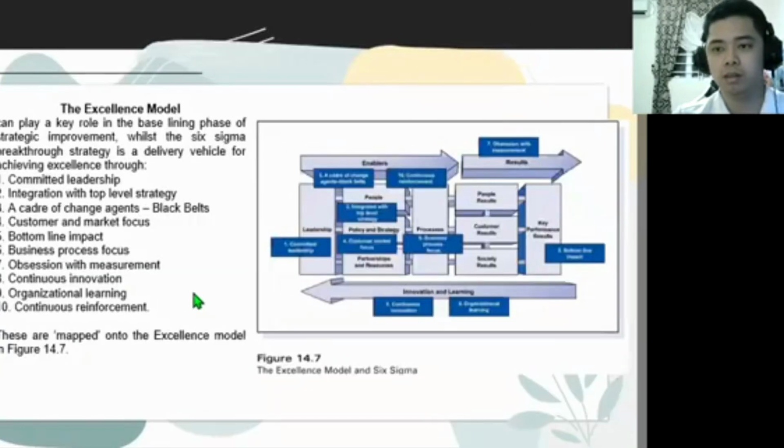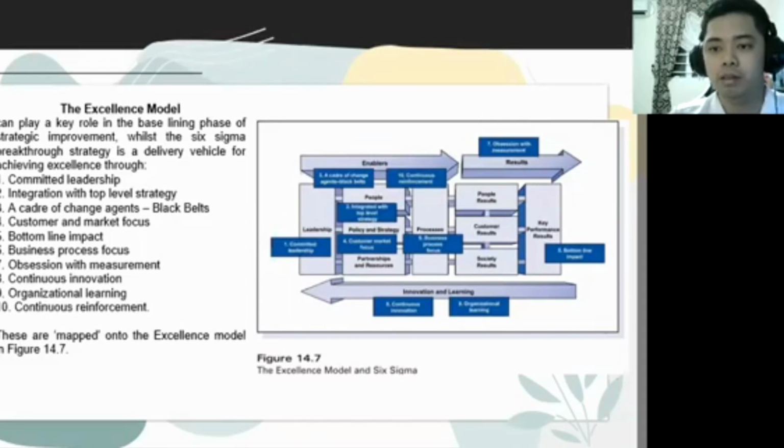So, next is the excellence model can play a key role in the baselining phase of strategic improvement. The Six Sigma breakthrough strategy is a delivery vehicle for achieving excellence through number one, committed leadership.